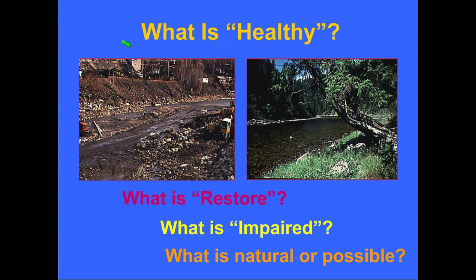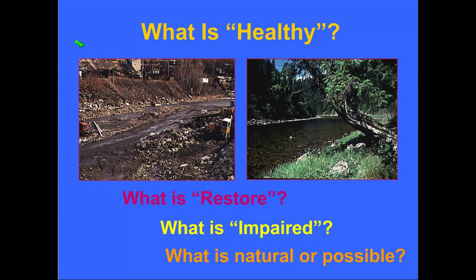But we don't typically define these terms in our monitoring programs. And when we don't define them, we have a harder time measuring. Did we get to healthy? Did we get to restore? Many, many people cringe when I get to this part of the presentation because that's really hard to define.